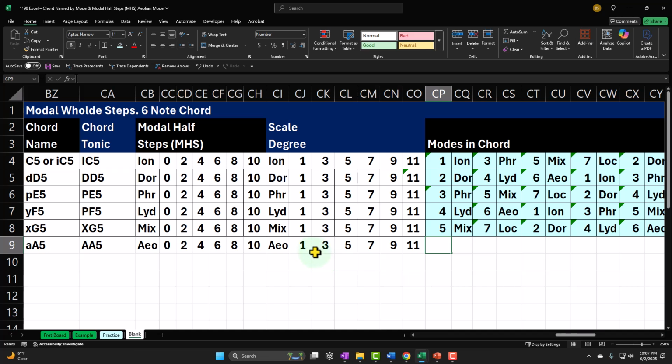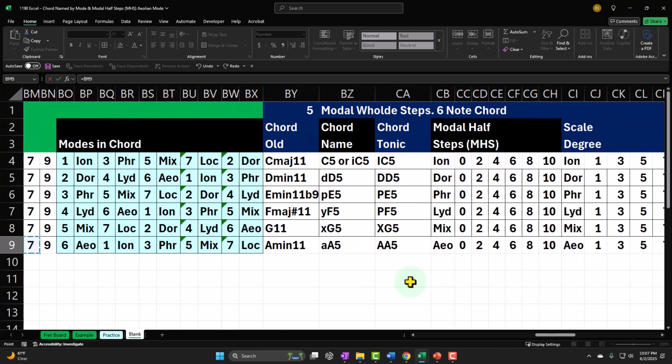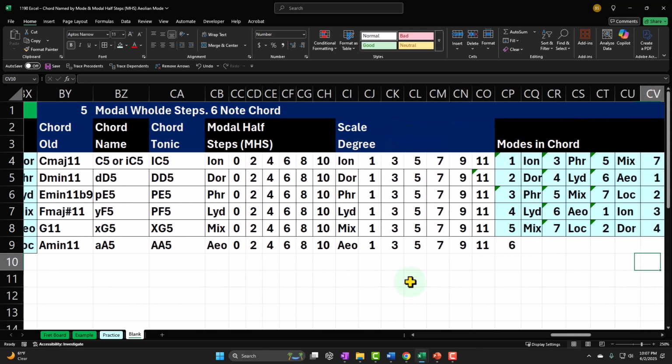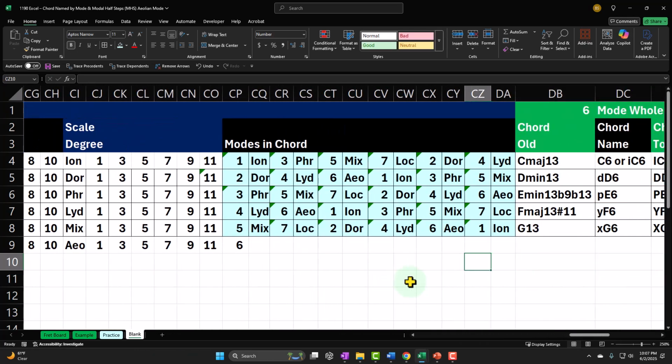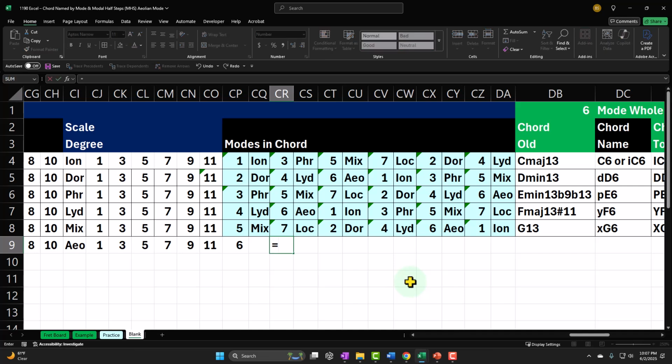I want it to be the 6 because I don't want to rename it. So if I kept it as the 6, then I can easily name the system by nodes, not by notes, not by changing scale degrees that are rotating all around the place. That's craziness. By just the nodes, the continents. It's going to be 6 plus 2 minus 7, Ionian.